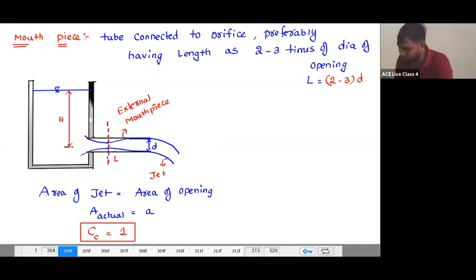Now let me look over this portion once again. You observe this portion.